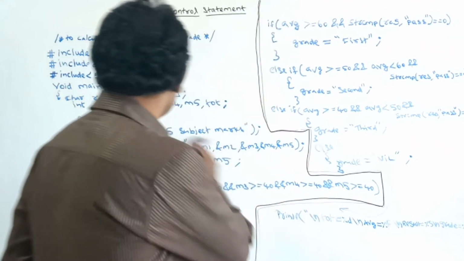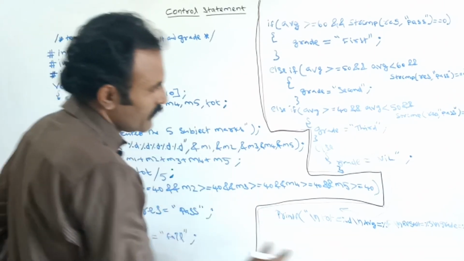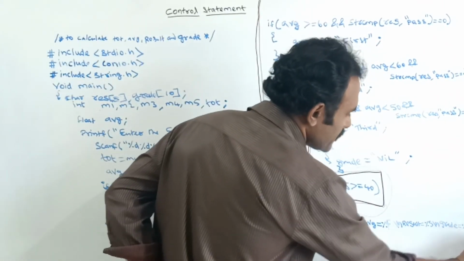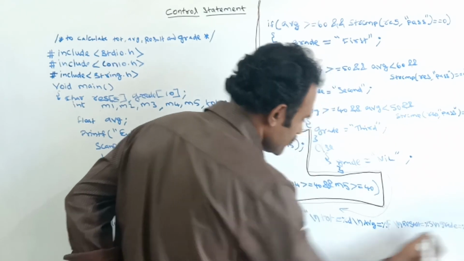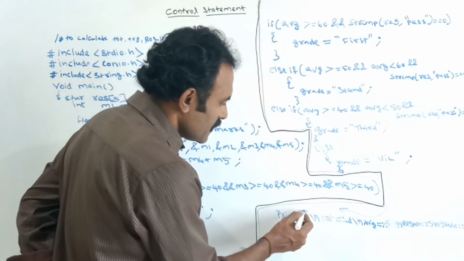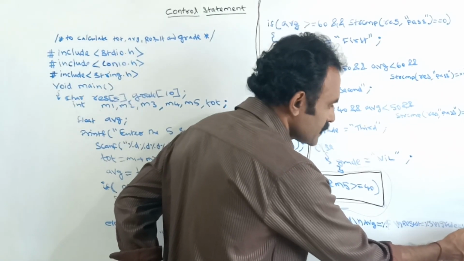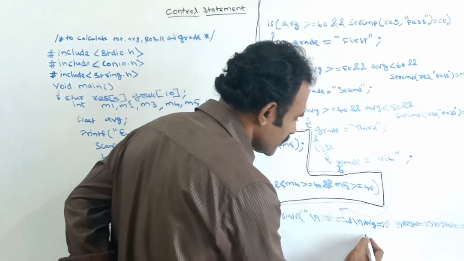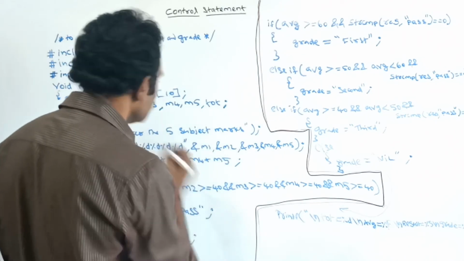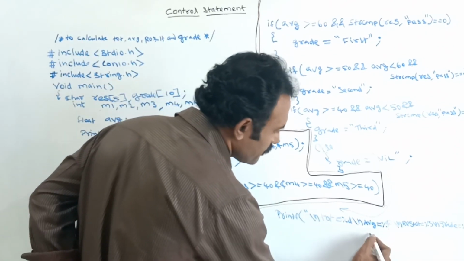For total, I had given it as TOT only. So here no space, so I am writing here. After this, these double quotes are opened, here I have closed these double quotes. Next comma, after that the variable name, that is first one TOT.